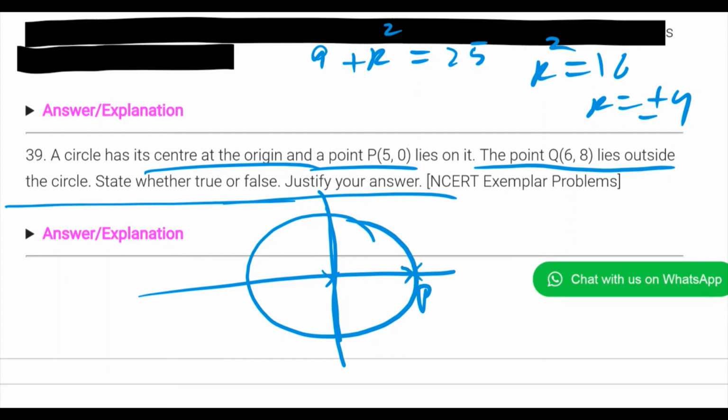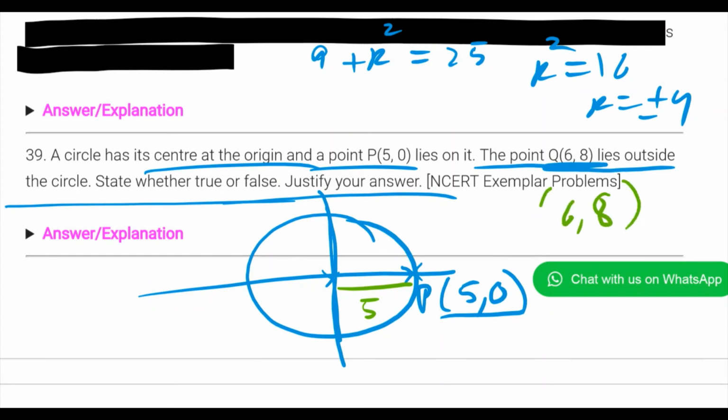So this is P 5, 0, and Q is 6, 8. The P 5, 0 indicates that 5 is the radius of the circle, so the radius is 5 units. The point Q is 6, 8. The x coordinate is 6, which is more than 5. So definitely the point is lying outside the circle. So the given statement is true.